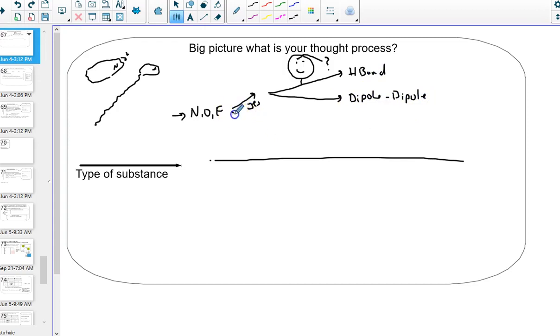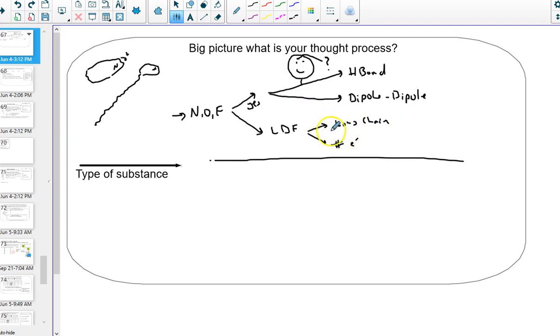If the answer is no, then my major force here is London dispersion forces, okay? And of course there are factors that affect the strength of that, which is going to be long chains, okay, and number of electrons.